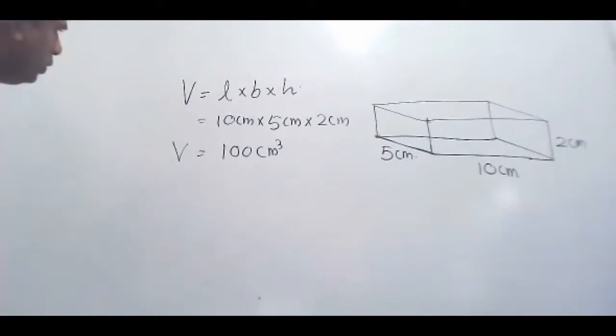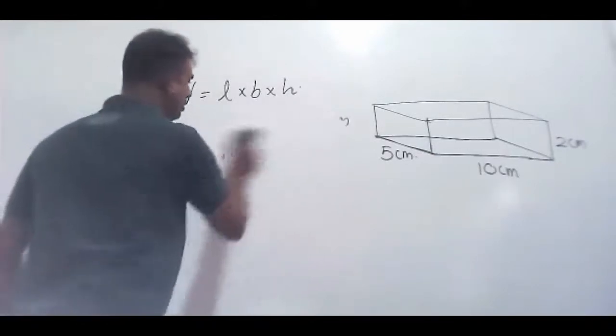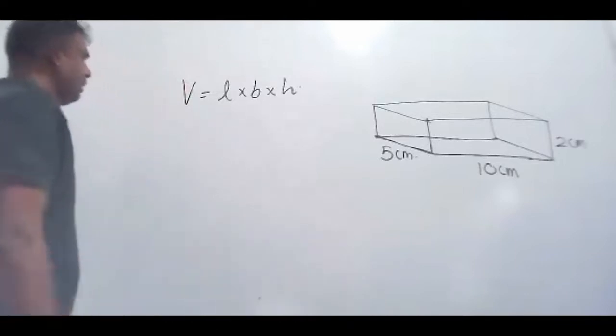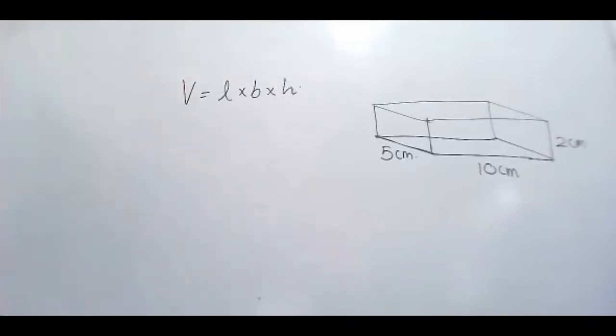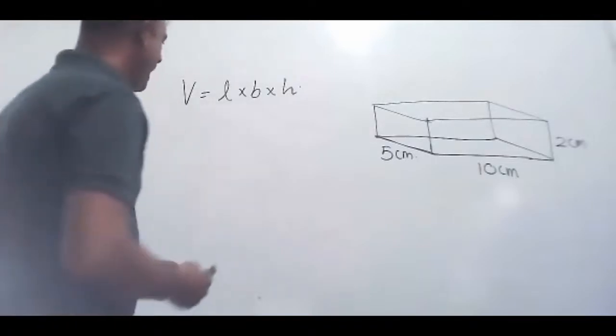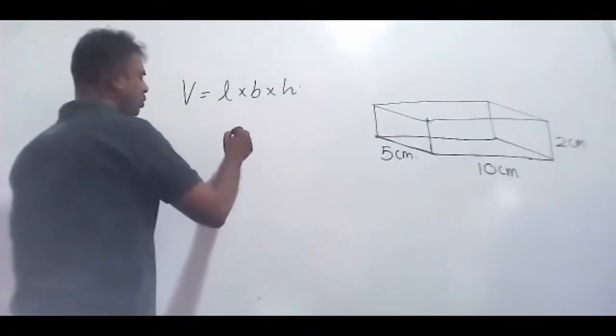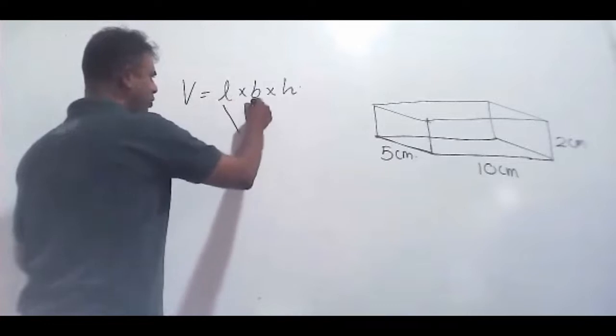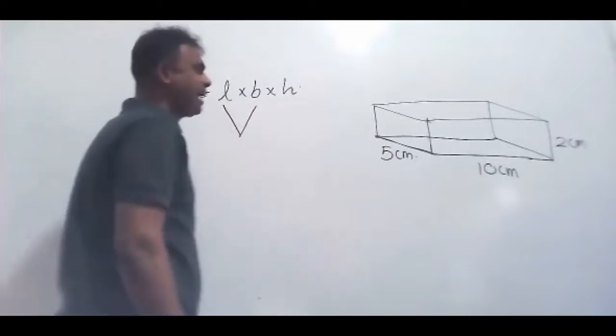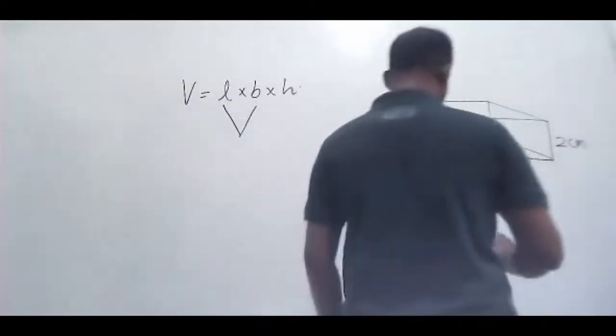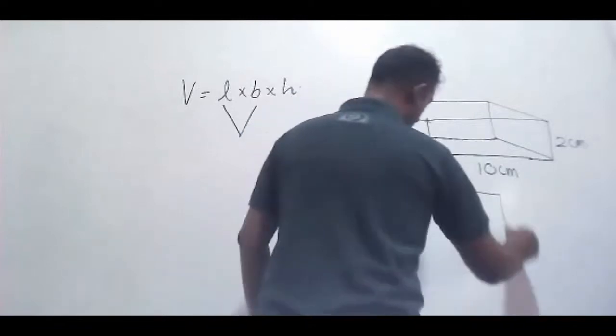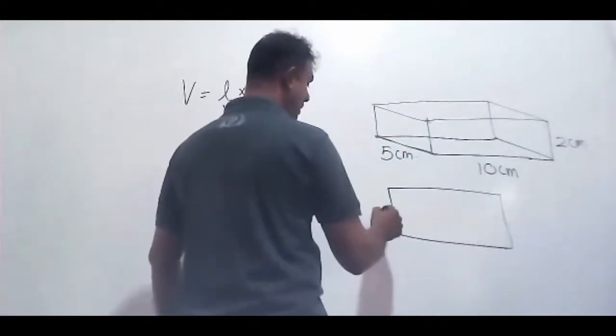How do we do it? You know that volume equals length into breadth into height. You also need to remember that area means, right? How do we find the area? We find the area by multiplying breadth and length.